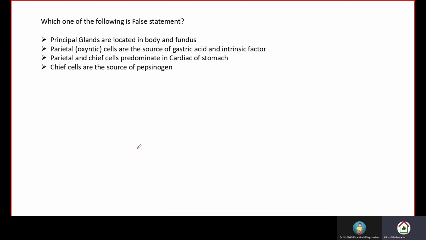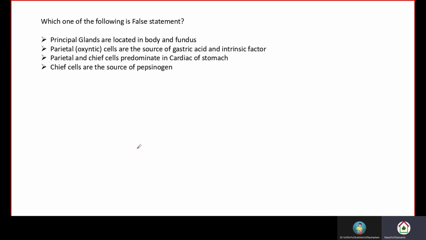Next, which one of the following is a false statement? Principal glands are located in the body and fundus. Parietal or oxyntic cells are the source of gastric acid and intrinsic factor.